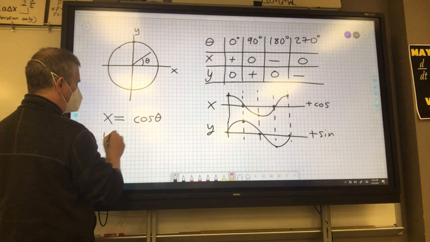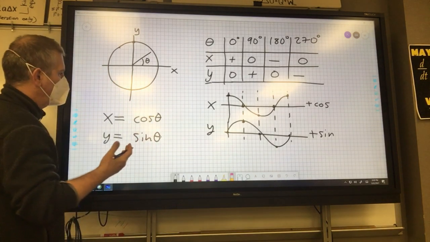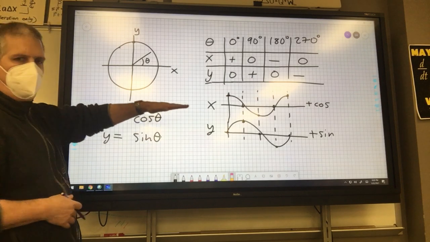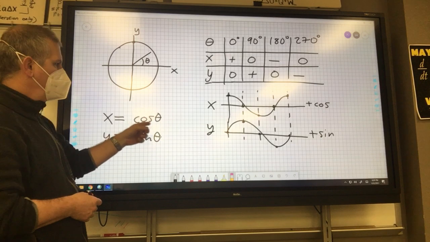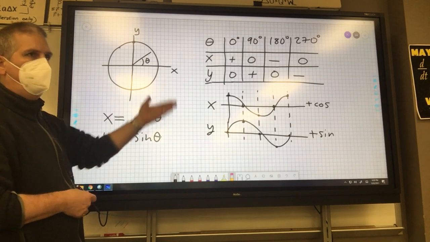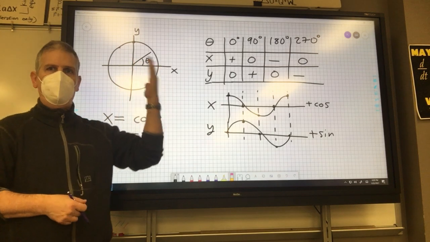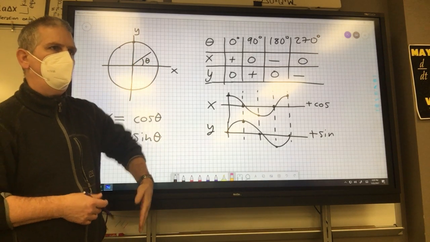And our y graph would be sine of theta. That makes some sense. So we start off at theta equals 0, we have a positive, right? And that would give us 1. And then when theta is 90 degrees, you can try this on your calculator, the cosine of 90 degrees is 0. The cosine of 180 degrees is negative 1. The cosine of 270 is 0.